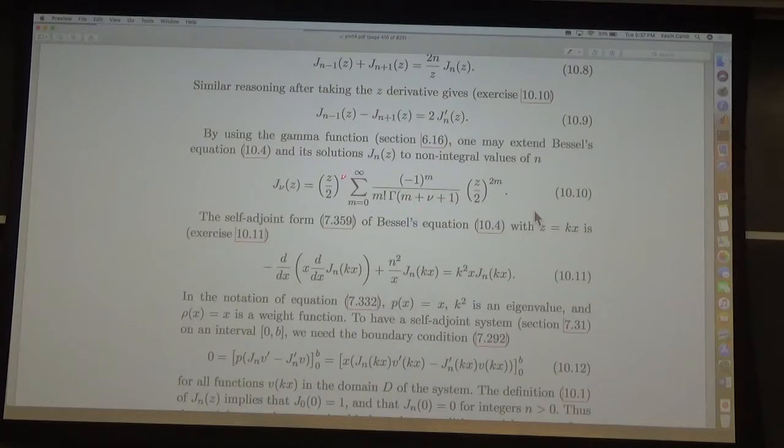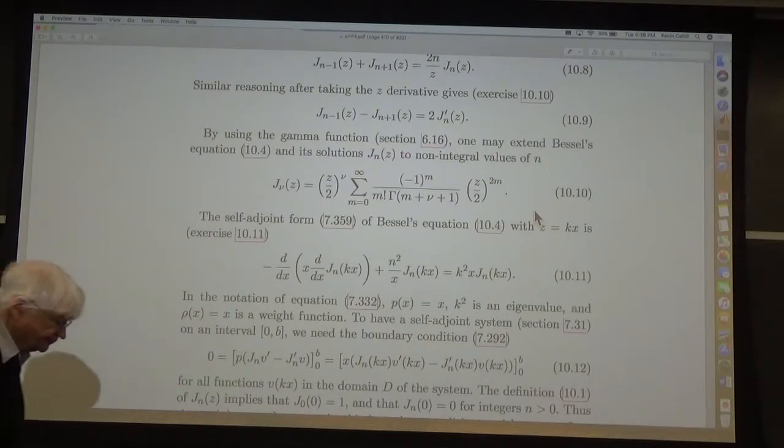Since nu only occurs here, as m plus nu factorial, you rewrite that as gamma of m plus nu. So if nu is any real or complex number, as long as the argument of this doesn't hit a negative integer or 0, this is well defined, and this extends Jn of z to non-integral values of n.